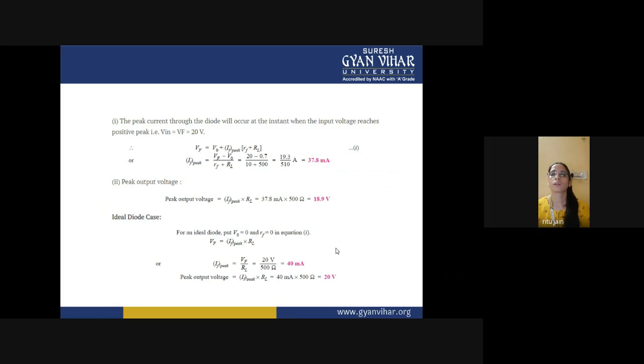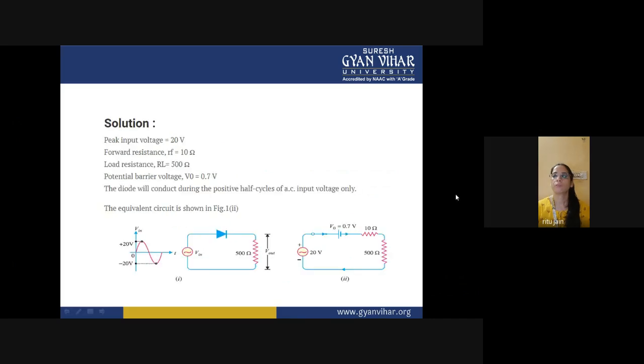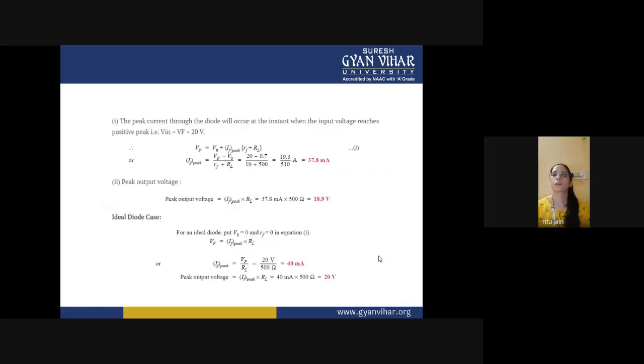So in forward biasing, if you apply KVL, then you will see 20 minus this voltage, and the diode forward current IF into 10 plus IF into 500. So you can easily find the forward current value.